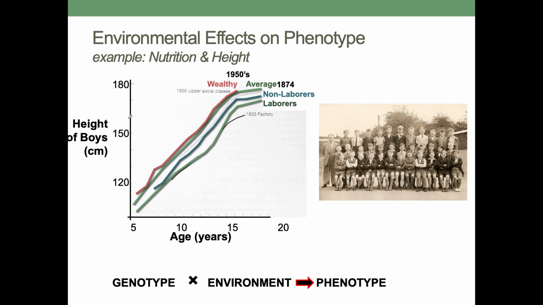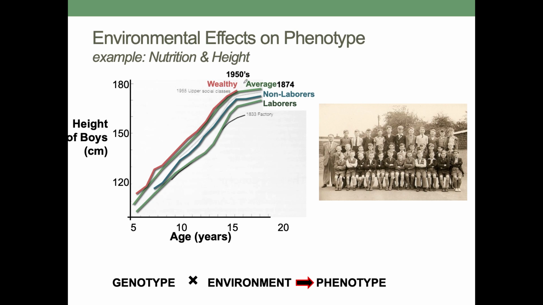So this difference in height, through age from 5 to 20 or whatever it is, from laborers to non-laborers in 1874 to average kids and wealthy kids in the 1950s, is not something genetic. It's not that wealthy kids in the 1950s have genes for being taller.